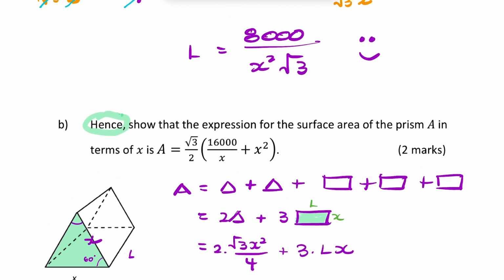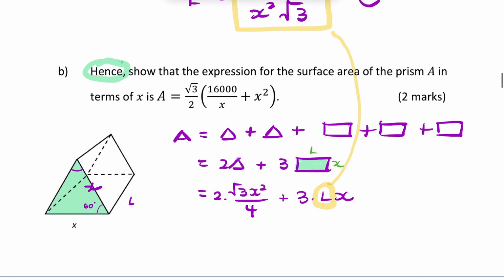So what we need to do is replace L here with the value that we found previously.